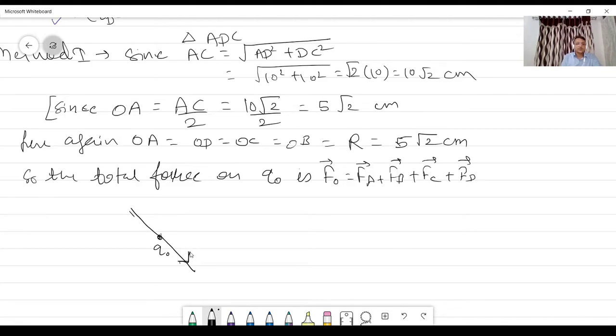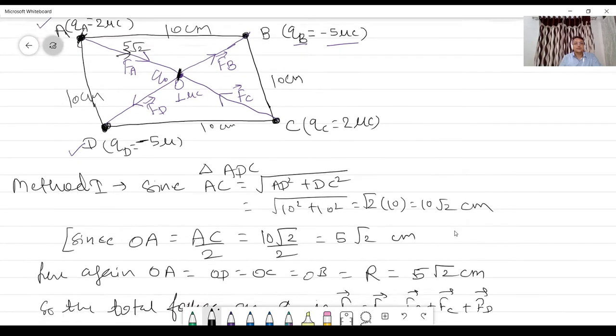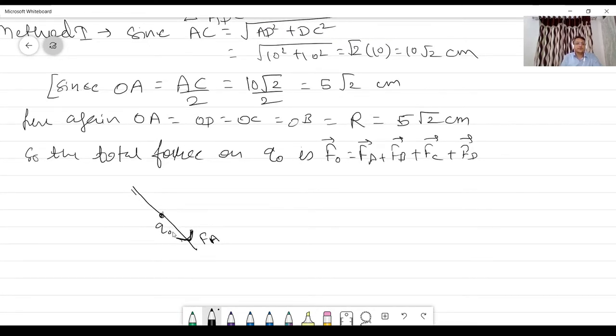So this will be the direction of force Fa, from a to o side. I can represent this force like this, Fa, and similarly the force Fc will be in this direction.